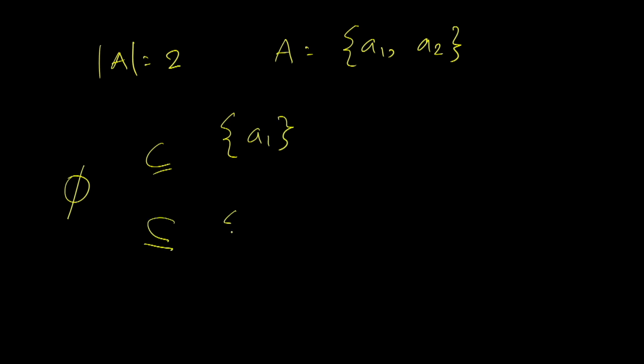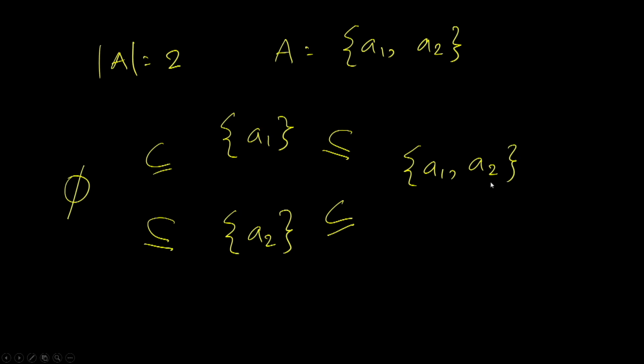It is also a subset of the singleton containing A2, and these two are subsets of A1 and A2. But we find that these two singletons are not comparable to each other. The singleton A1 is not a subset of the singleton A2, and the singleton A2 is not a subset of the singleton A1. So, these two are incomparable.